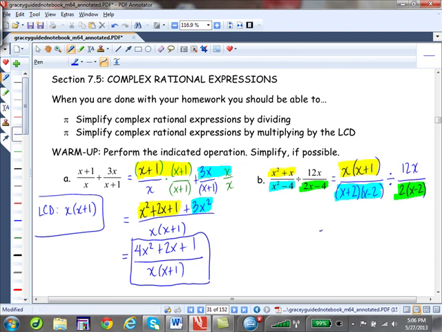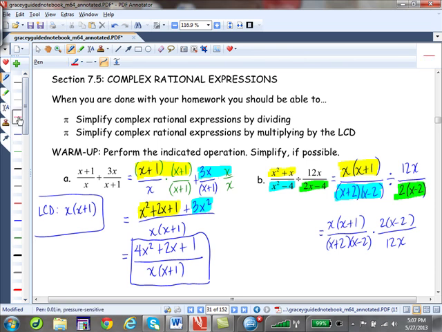So then we're going to go ahead and invert and multiply. So we'll have x times x plus 1 over x plus 2 times x minus 2, multiplied by 2 times x minus 2 over 12x.